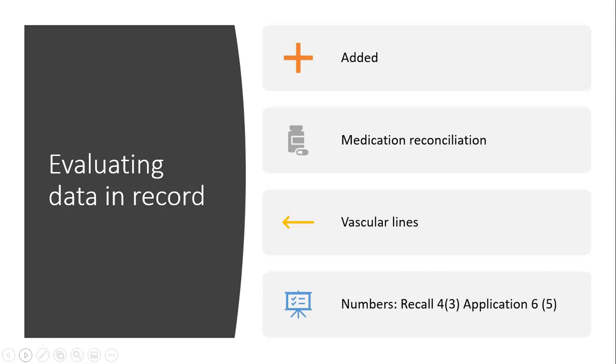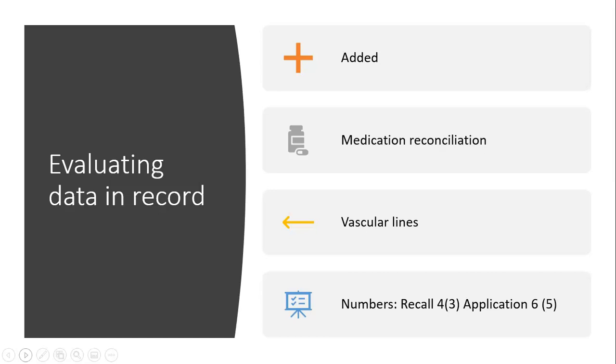As far as the numbers, recall, application, and analysis are the three types of questions, as I'm sure you're all familiar with on the TMC. The number that is not parenthesized is the number of that type of question on the 2020 exam. The number in parentheses is the amount of that type of question on the 2015 exam.